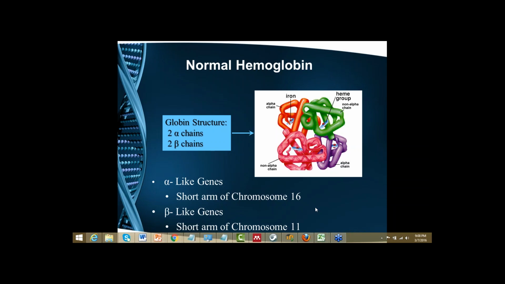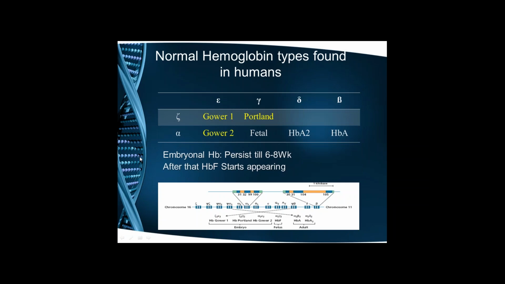So next slide, sir. So during the early part of our development, or as we know, embryogenesis, we have the various hemoglobins. In this slide, we can see the alpha-like hemoglobins are on the left side. That is the alpha and the zeta, and the epsilon, gamma, delta, and the beta are the other hemoglobins.